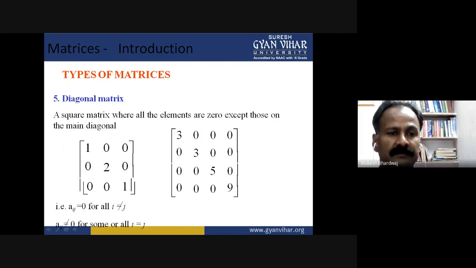For example, as you see, two examples are given of order 3 by 3 and 4 by 4, and the principal diagonal elements are non-zero where all other elements are zero. So we can say this is a diagonal matrix.